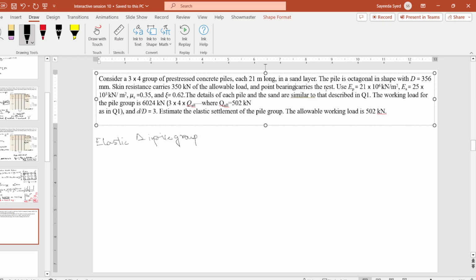So the SE in question 1 was 19.69. So we know that if you get this question for a pile group elastic settlement, all you have to do is follow the same procedure as in question 1.